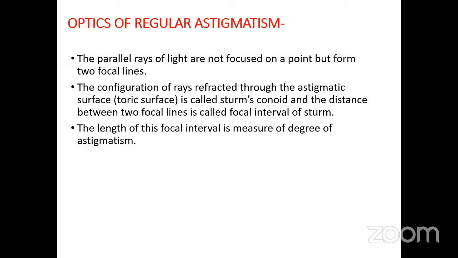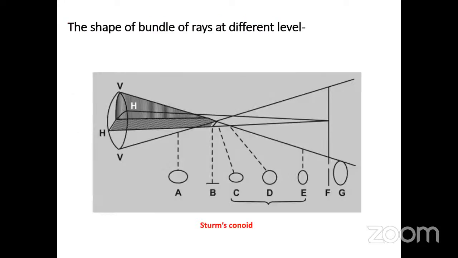Then optics of regular astigmatism. As we see, the parallel rays of light are not focused on a point, but form two focal lines. When the rays of light pass through the astigmatic surface, they form a specific arrangement of rays known as Sturm's conoid, which has two focal lines and a circle of diffusion.